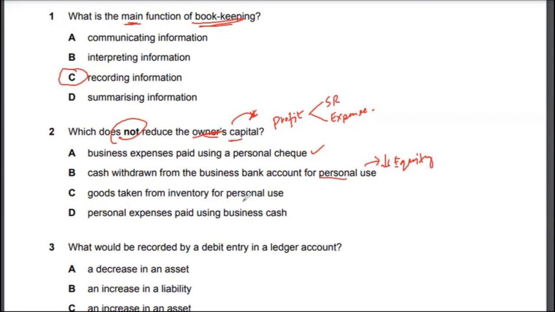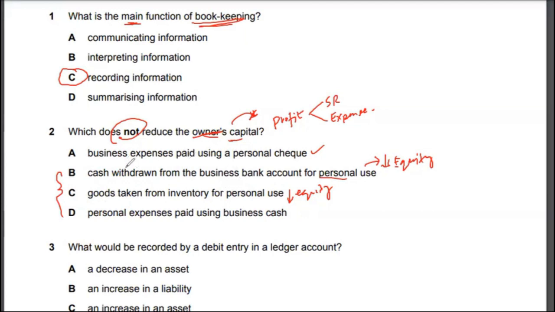Option C, goods taken from inventory for personal use. Again, this is going to reduce owner's equity. Then option D, personal expenses paid using business cash. The owner is paying personal expenses using business cash. All of this is going to reduce or impact owner's equity in one way or another, indirectly or directly.